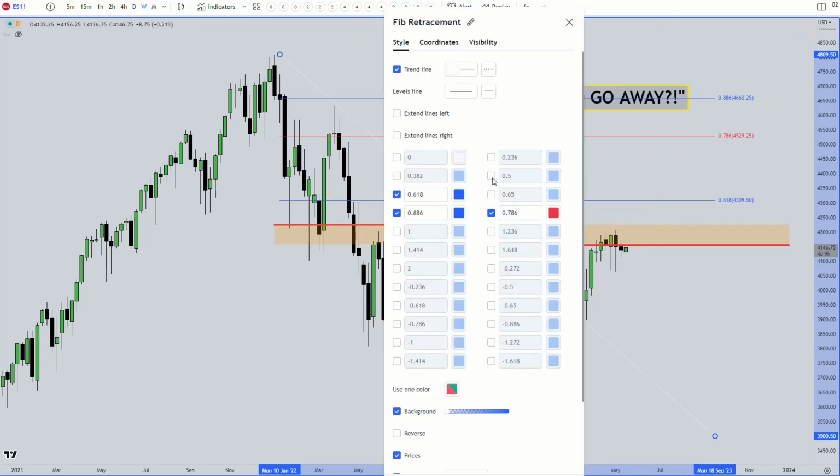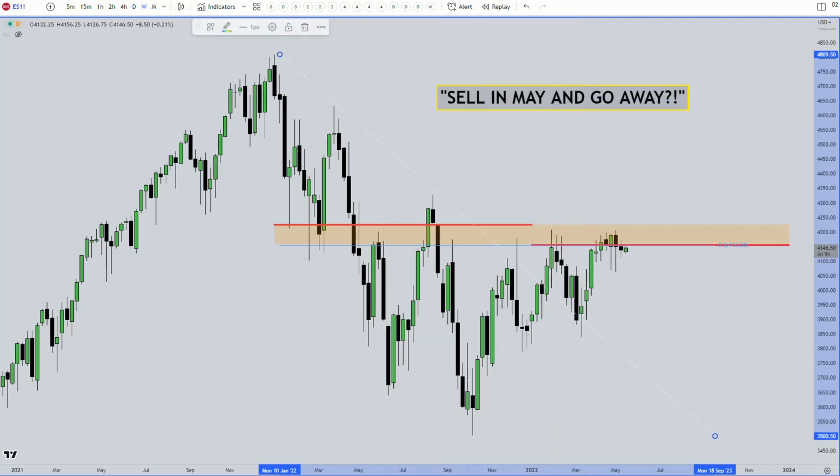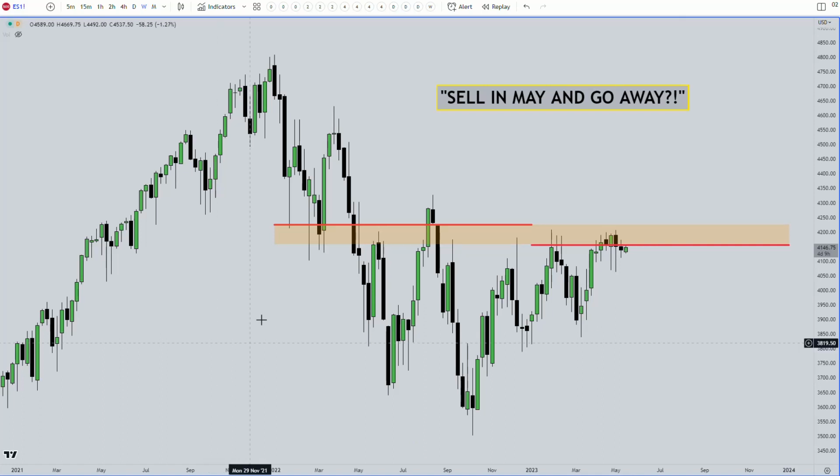Let me adjust it a little bit so you can clearly see it, and bam, right smack in the middle you find this midpoint. And what backtesting and looking at past data shows is that whenever you reach this area, be it as support or be it as resistance, you get strong reactions.